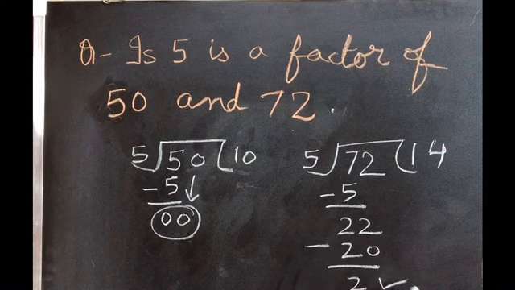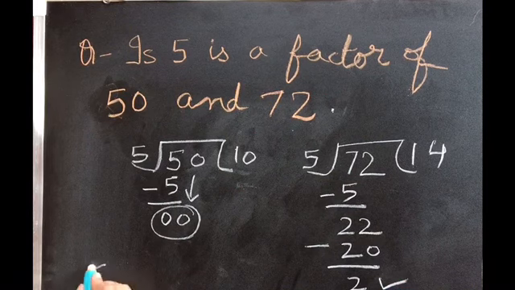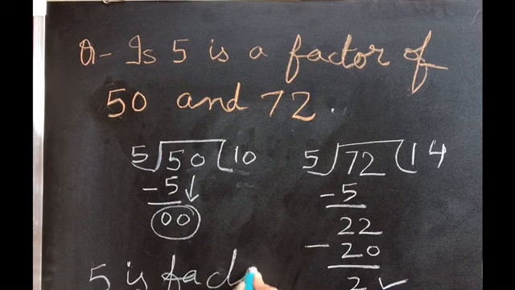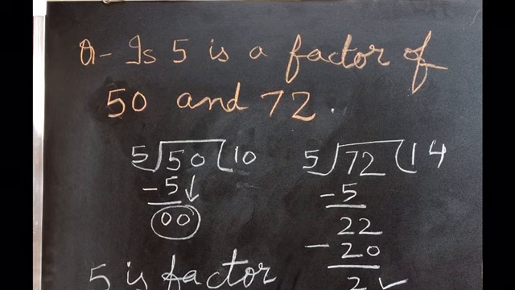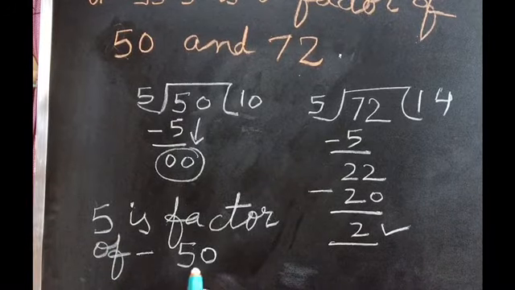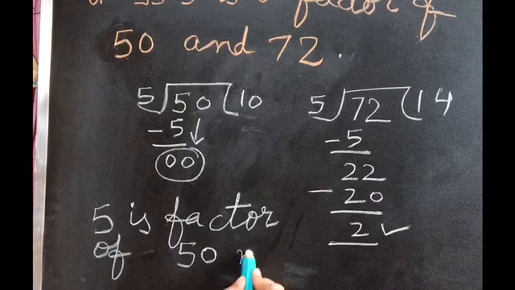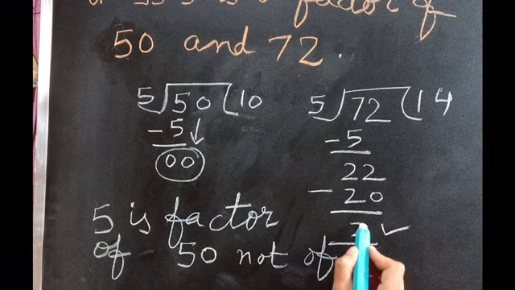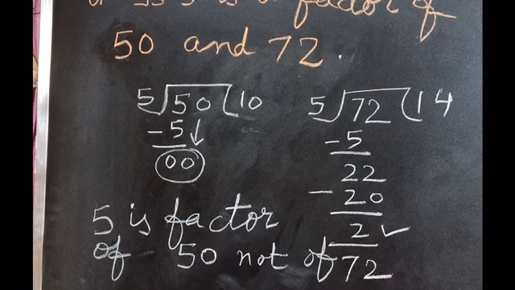So remainder is not 0. So 5 is a factor of 50. Fine. Not of 72, because here the remainder is not 0. Fine.